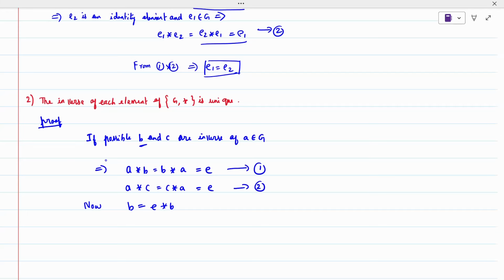So that only I have written. Now E, any one case I can use, from 1 or from 2. Any equation I can use. So I will use E is nothing but C star A. So B is E star B, E is C star A, so C star A star B. Okay. From 2.